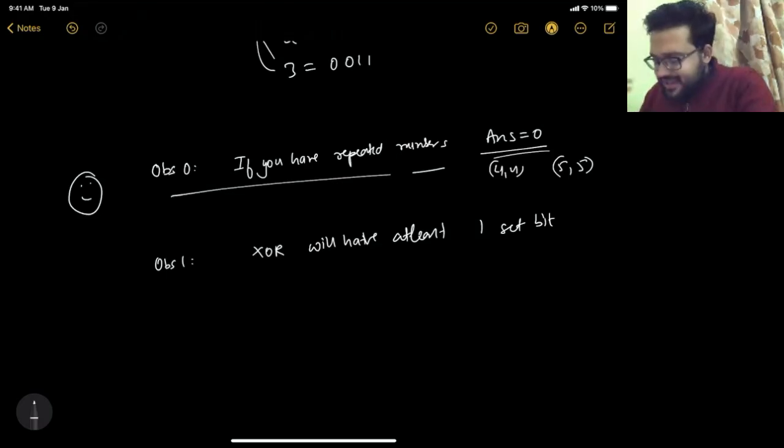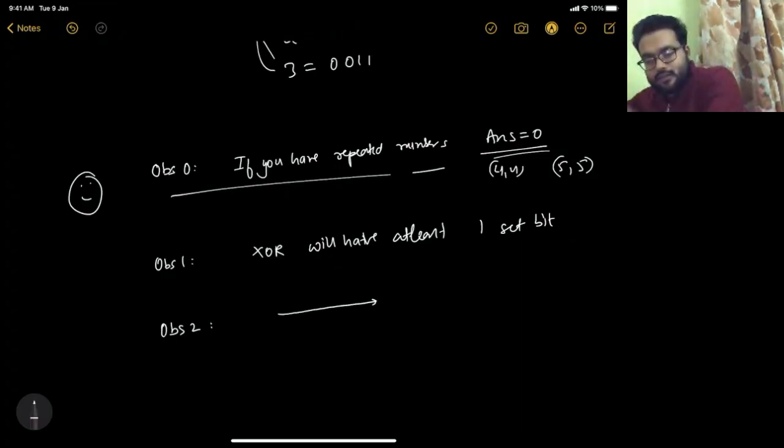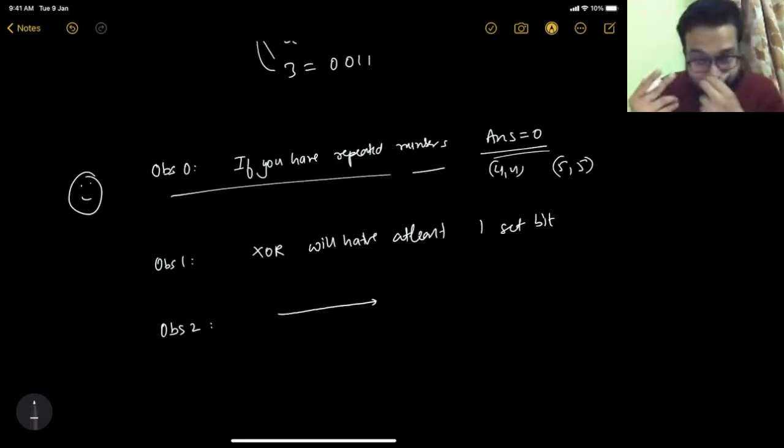My question is, why don't I look for set bits where the first set bit should be as right as possible? Because the earlier you get a set bit, the bigger your number becomes. How many of you appreciate this? This is again a very, very powerful observation, that your first set bit should be as right as possible. Guys, isn't that correct? This is the observation 2.